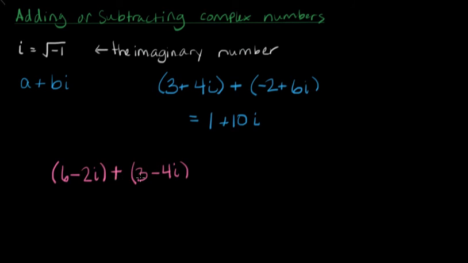So I'm going to change this into a plus, this into a minus, and this into a plus. So now we can just add them. So 6 and -3 is just 3, and then -2i and positive 4i is just plus 2i, and that would be our final answer. So adding and subtracting complex numbers is easy.